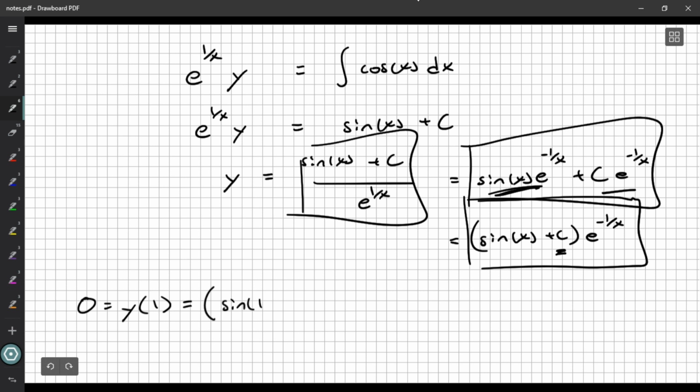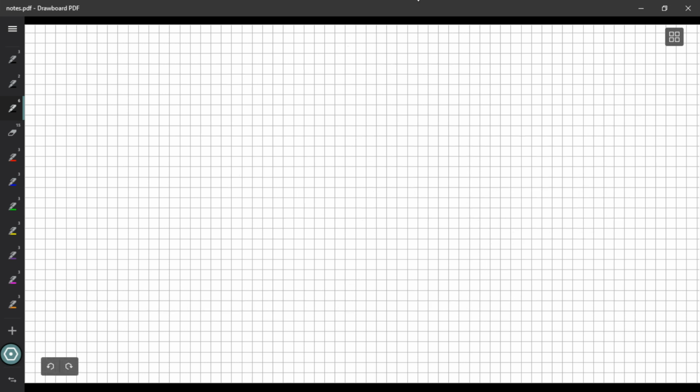So that's sine at 1 plus the constant we seek, e to the negative 1 over 1. And this needs to be equal to 0. Now we've got sine at 1 plus c, and then e to the minus 1, or 1 over e. Now there's no way that that's 0, so we could multiply both sides by e, and see that 0 needs to be sine at 1 plus c.